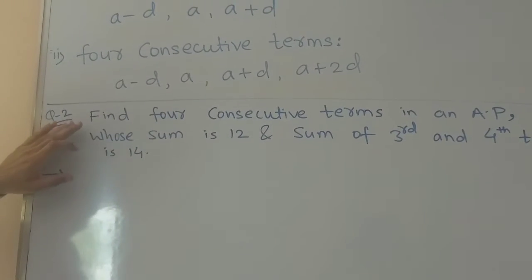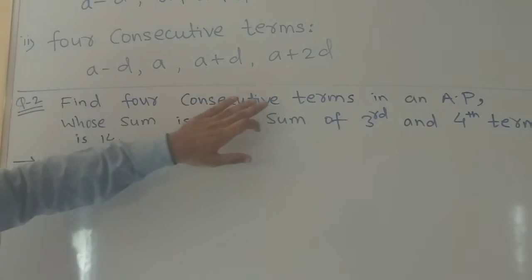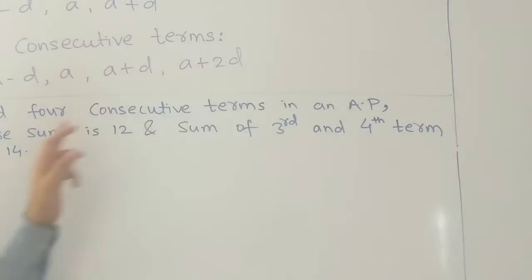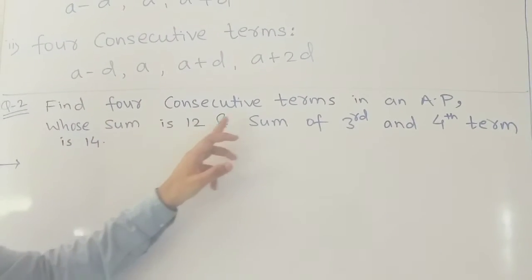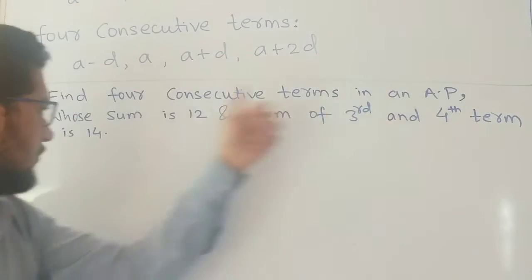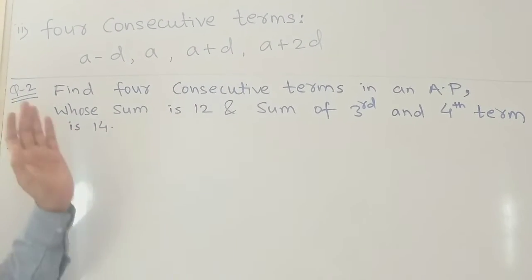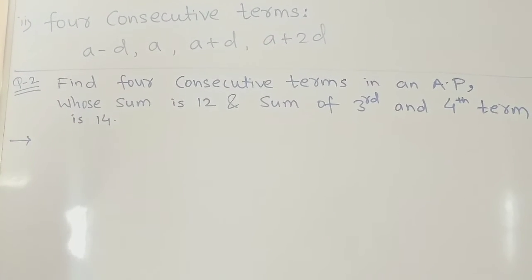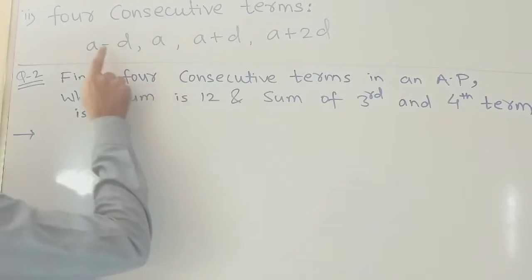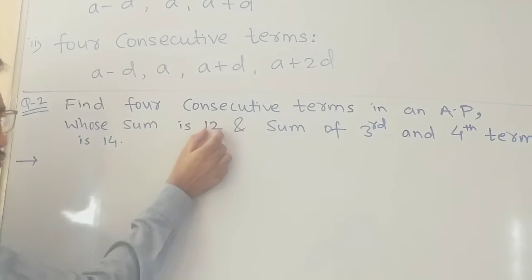Okay, so the question is: find 4 consecutive terms in an AP whose sum is 12 and the sum of the third and fourth term is 14. So here first we'll understand what the question says. The first condition says the sum of all 4 terms is 12.